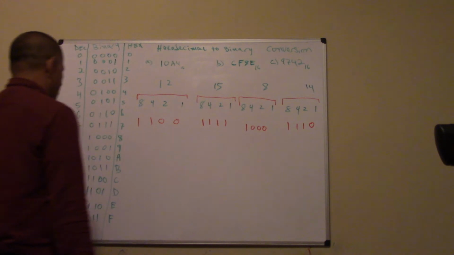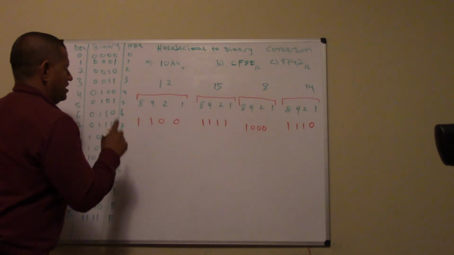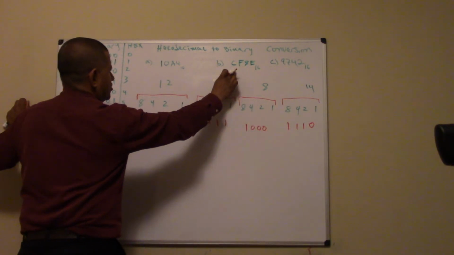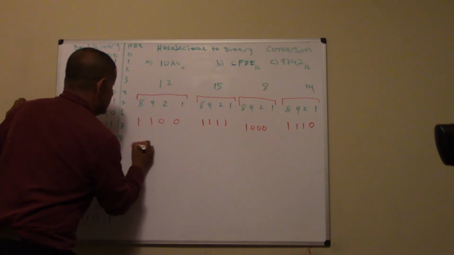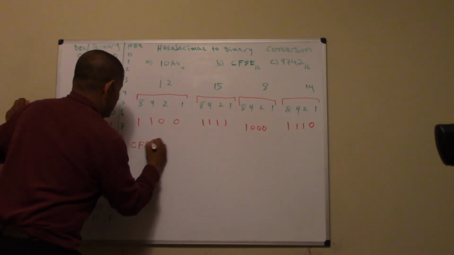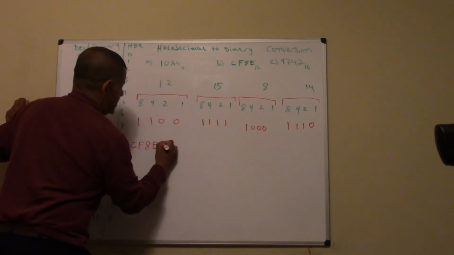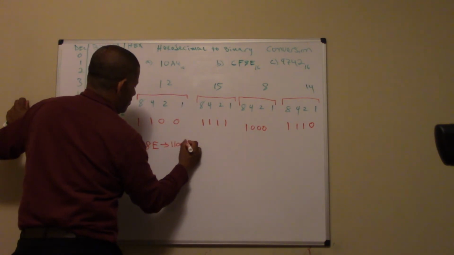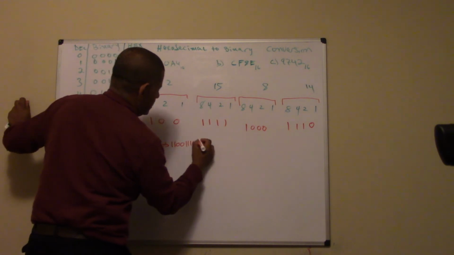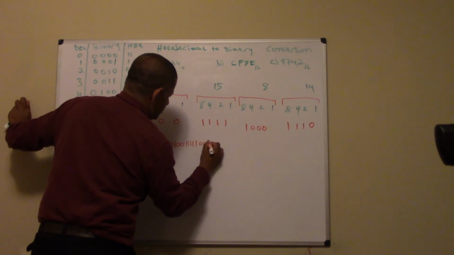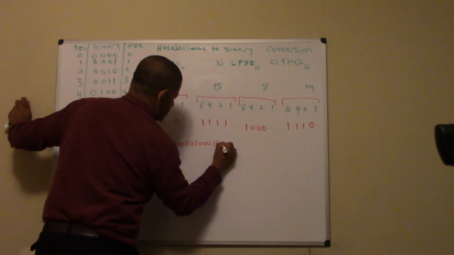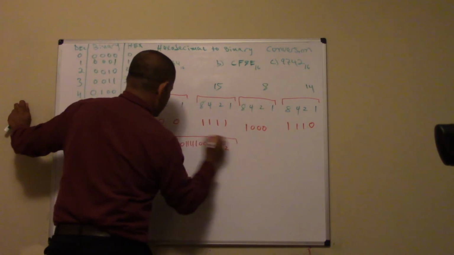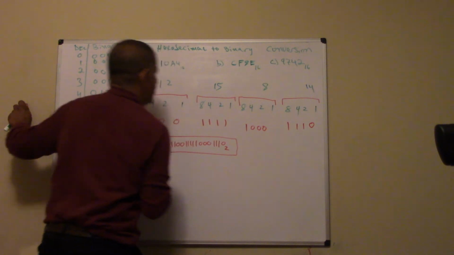The binary representation for part B, which is C, F, 8, E, is represented by the number 1, 1, 0, 0, 1, 1, 1, 1, 1, 0, 0, 0, 1, 1, 1, 0. And that is base 2. So that is part B.